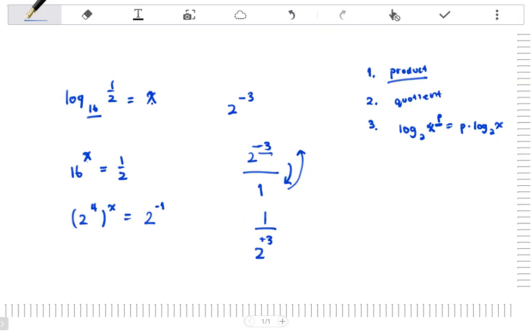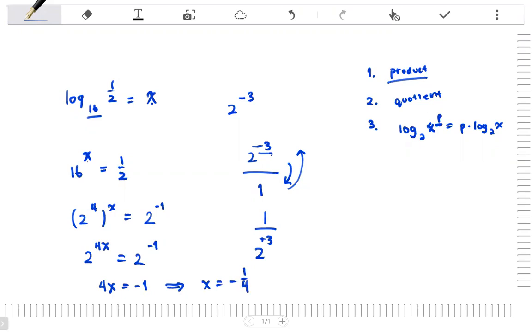And from here, it's much easier to solve. 2 to the fourth times x is just 2 to the 4x, and 2 to the negative 1. And in the same way, we can set the exponents equal to each other. 4x equals negative 1, which means that x equals negative 1/4.